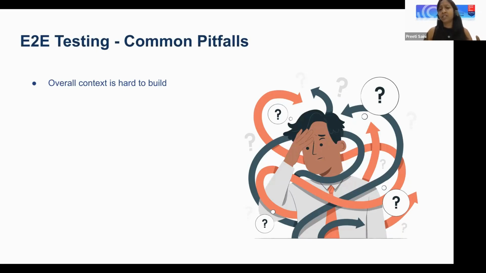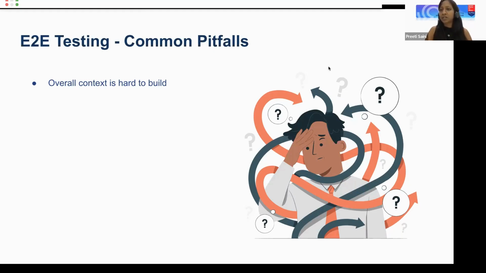You could have 15, 30 microservices in your platform, and hence it becomes hard to build context for these end-to-end tests, on what workflows and assertions need to be added, and what the test is actually doing as more complexities and capabilities are added to it.